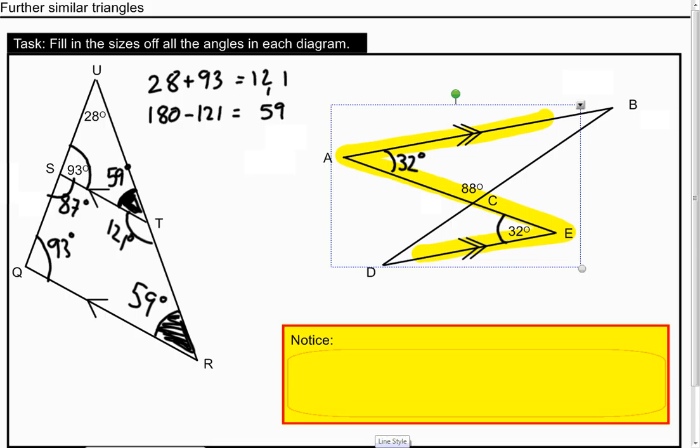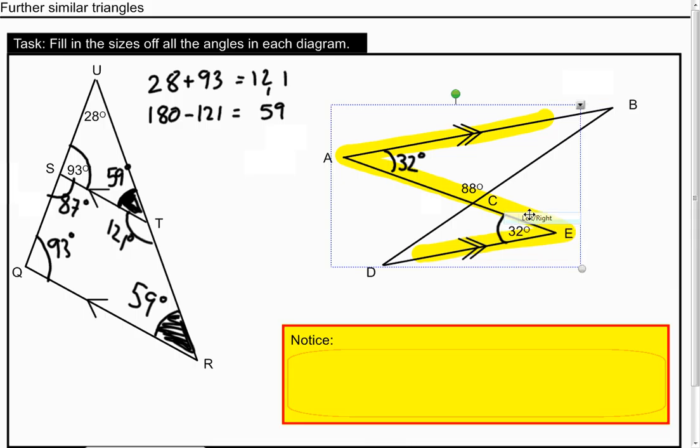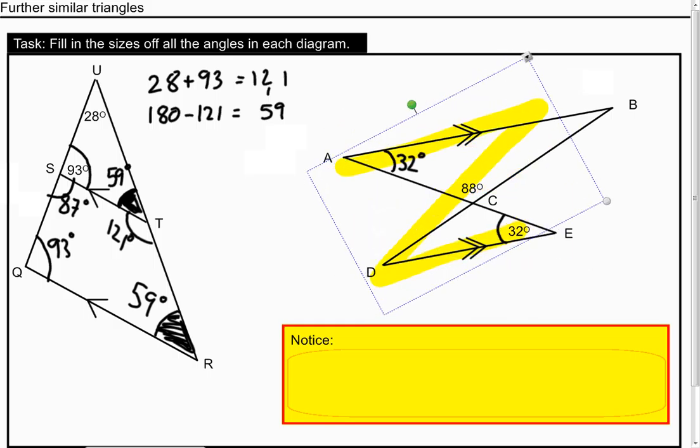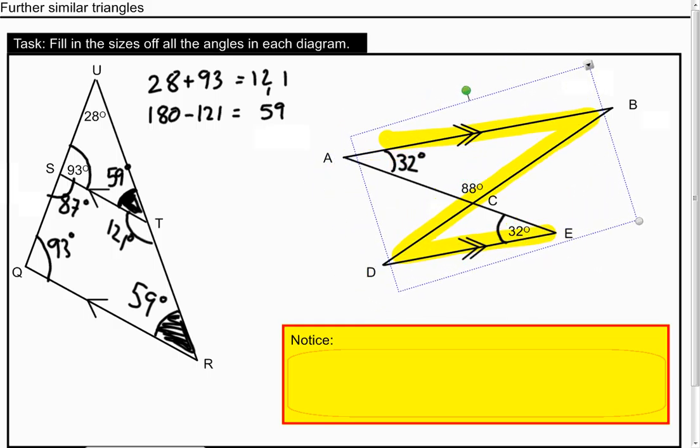I could take this Z and flip it as well, and I've got another Z there, showing me that these two angles are the same.